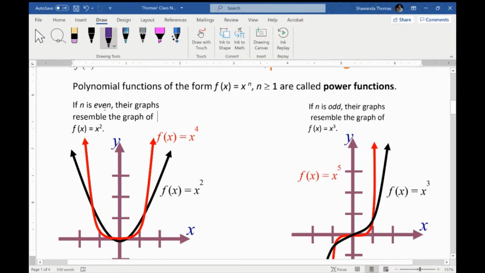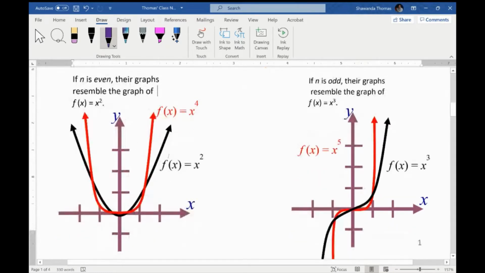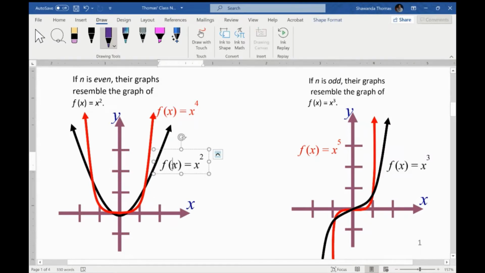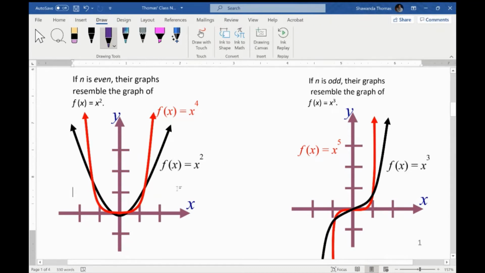So if n is even, the graphs resemble the graph of f of x equals x squared, believe it or not. Notice you're familiar with what's in black. F of x equals x squared. That's called the what function? Quadratic. Very good. Or squaring function.